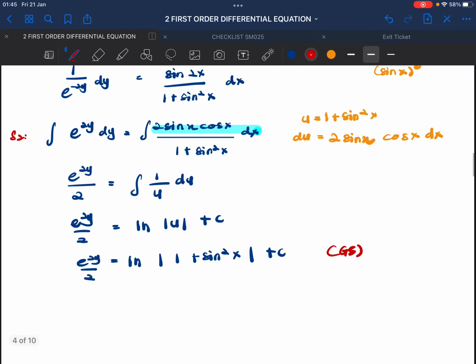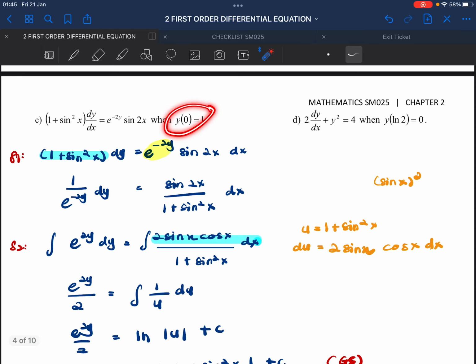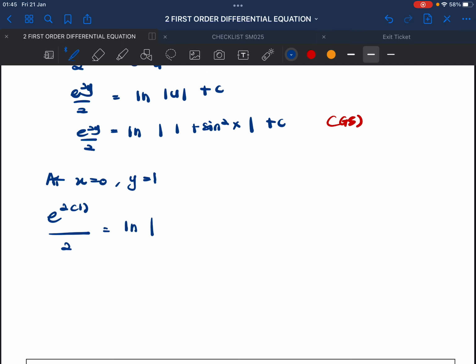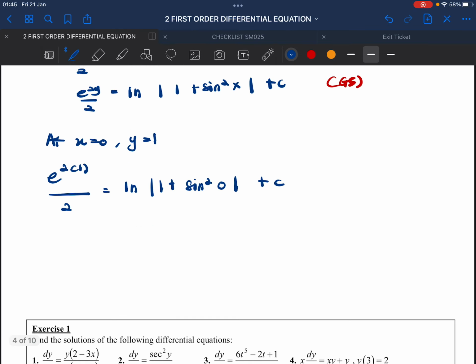So the question gave us the x and y here, so we have to substitute. So x equals 0, y equals 1. At x equals 0 and y equals 1, we have e to the power 2 times 1 over 2 equals ln (1 plus sine square 0) plus c.